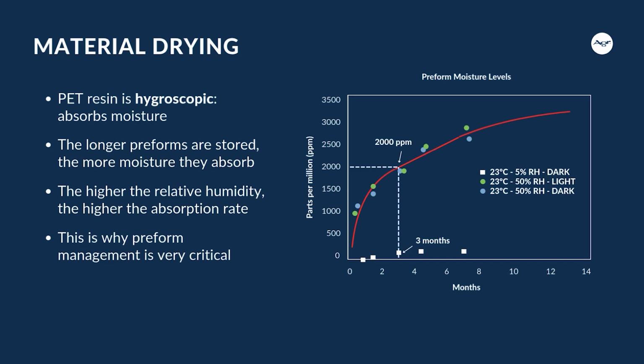Depending upon the humidity, the time, humidity, and temperature that preform's been subject to will determine what degree of moisture is absorbed. So what this slide is showing, at a 3-month interval following production of the preforms, the bottom white squares are in a very low humidity environment.